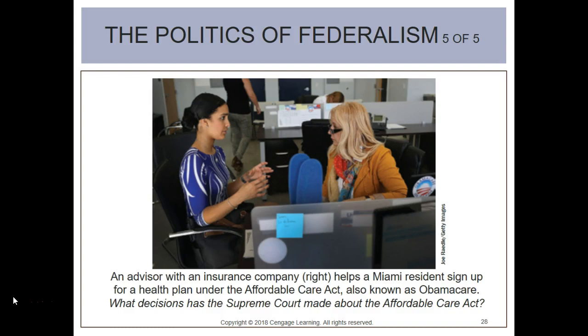What we do know is that it did give people access to coverage who had not previously had that coverage for a number of different reasons. And we also know that it did increase the rate premiums for people that did have coverage.